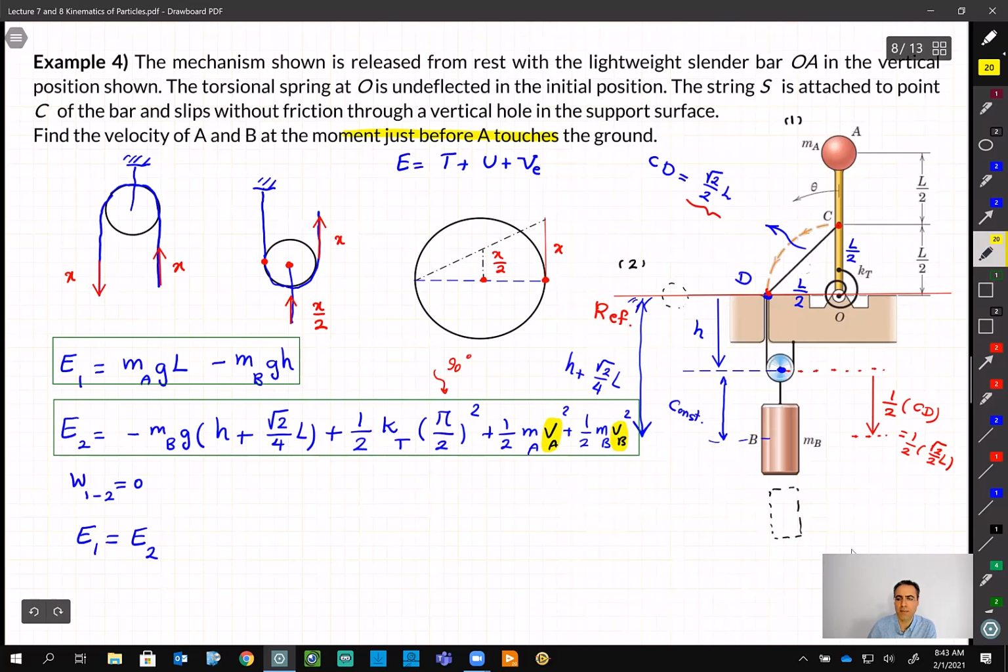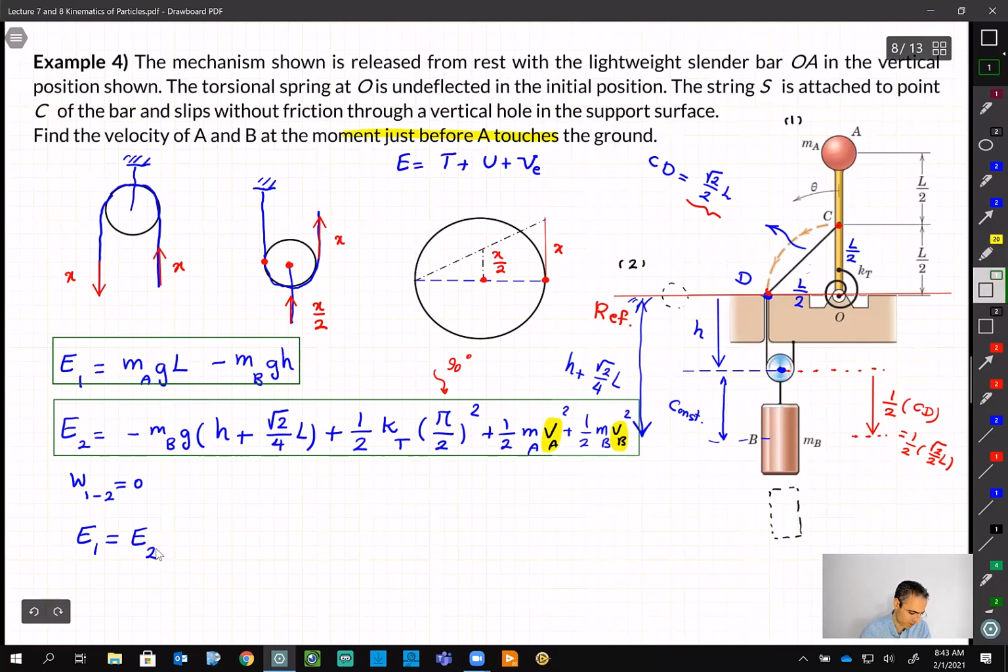While you are thinking about it, I'm going to check chat. Yeah, E1 is going to be equal to E2. Why?